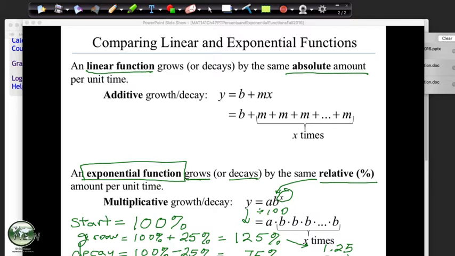And again, to make them exponential, we'll have an exponent, and generally the exponent will be time, how many years or something. So this is growth over several years. We keep multiplying by 1.25. That's growth. If we're decaying each year, we multiply by 0.75 and we lose 25% a year.